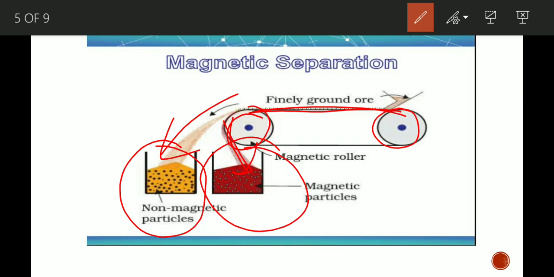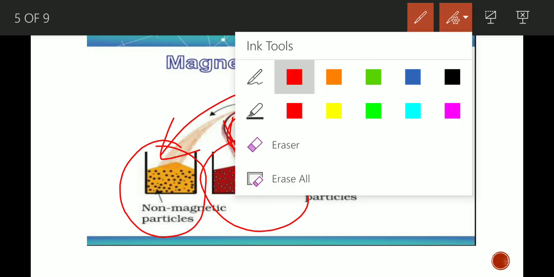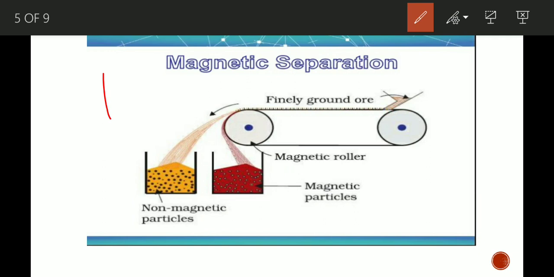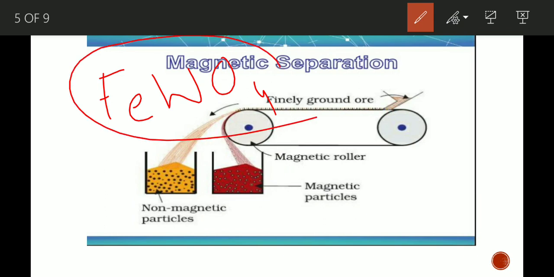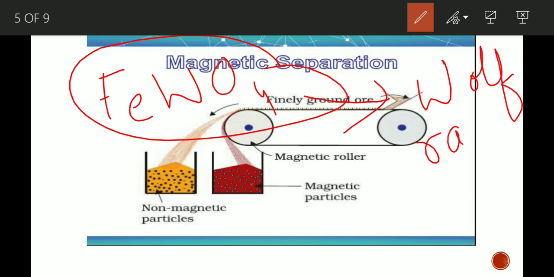Now for example, I can take the example of FeWO4. Now what is this? This is an important ore of iron which is called wolframite. Wolframite.